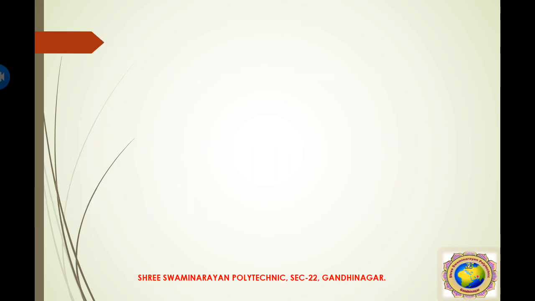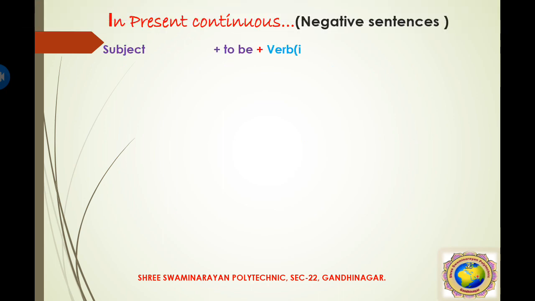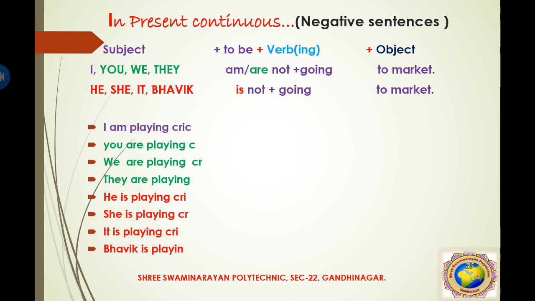Now let us see some examples of negative sentences. Here is I am playing cricket, you are playing cricket. Here we just add not with the to be form.